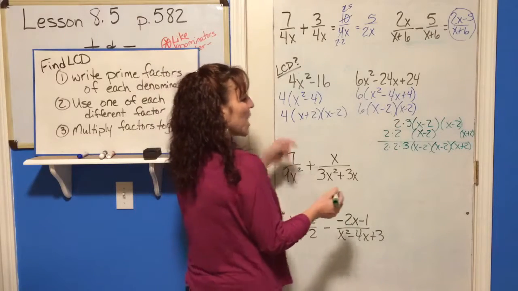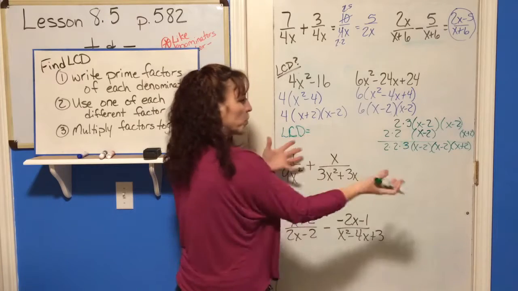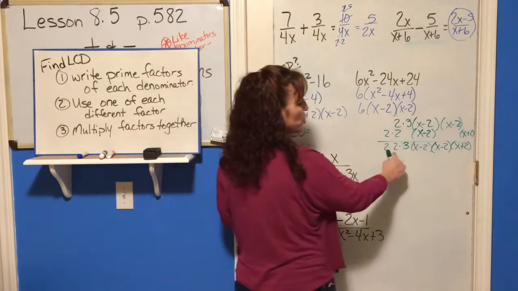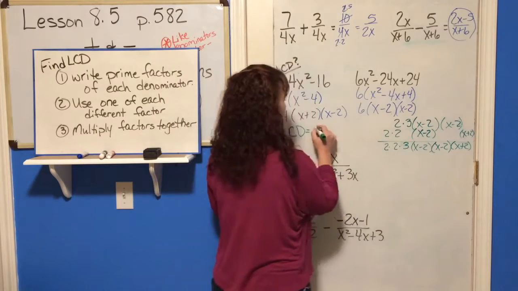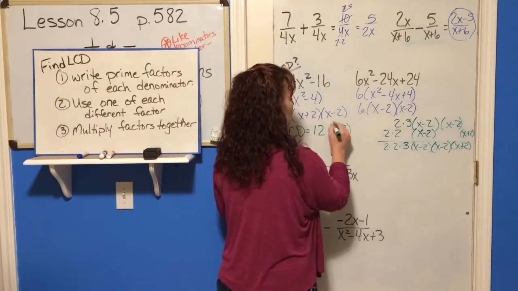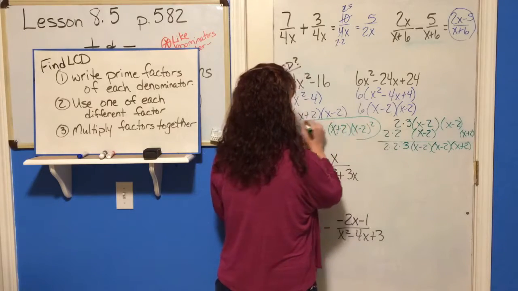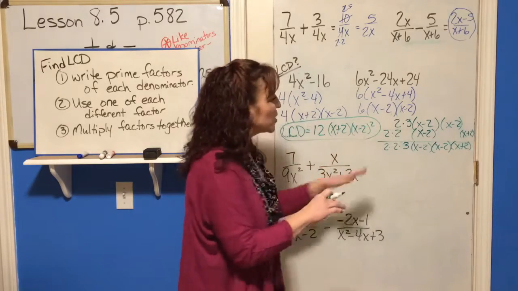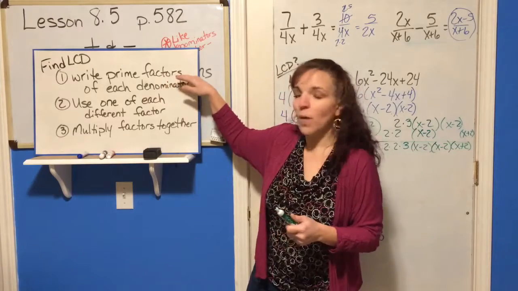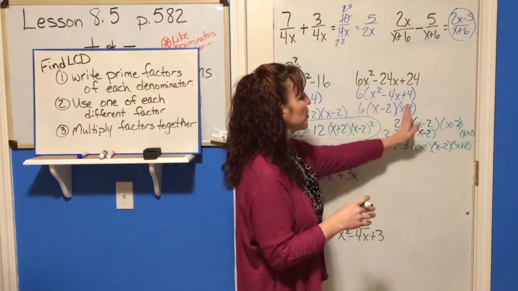So our least common denominator is going to be, when we multiply those all together, 2 times 2 is 4, 4 times 3 is 12. And then I'm going to put the x plus 2 first, and then x minus 2 quantity squared. So that's what I mean by, first you write out all the prime factors, then you want one of each of the different factors.